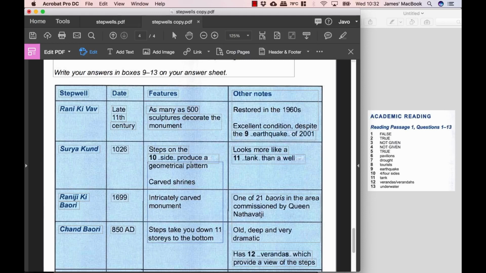Number 10, steps on the... Interesting, they won't accept just side, and it must be sides. So 4 sides. Okay, another mistake there, so we need 4 sides.